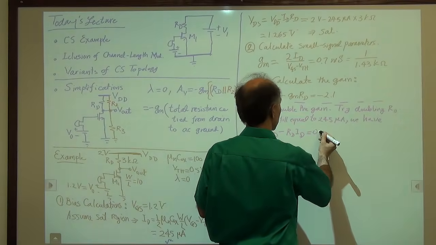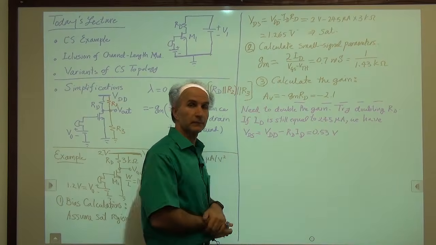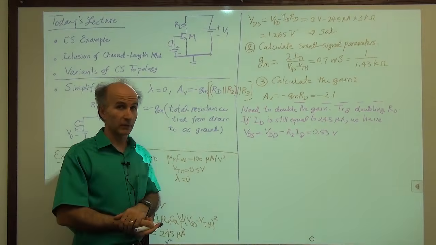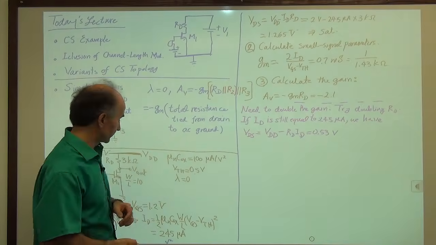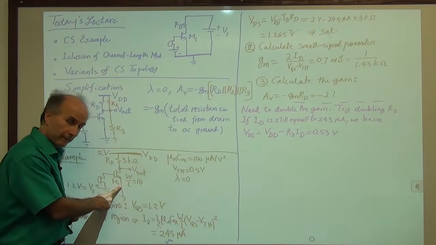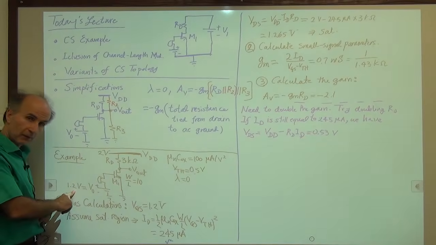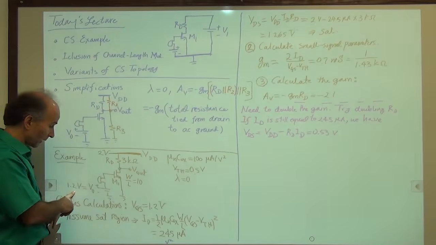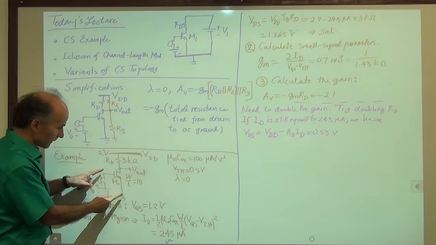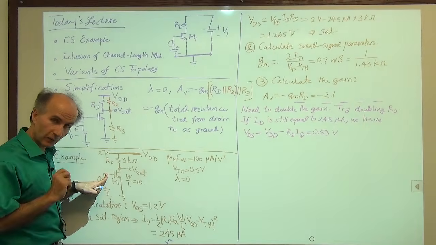0.53 volts. Now we have a problem. The drain source voltage is 0.53 volts. The gate source voltage is 1.2 volts. The device is not in saturation, because if I take 1.2 volts and I subtract one threshold from it, I get 0.7 volts.